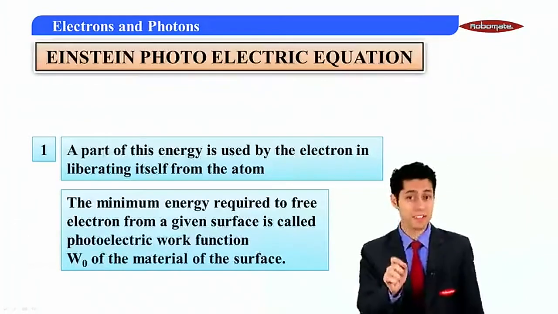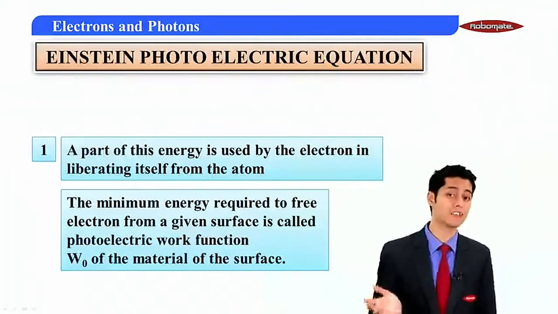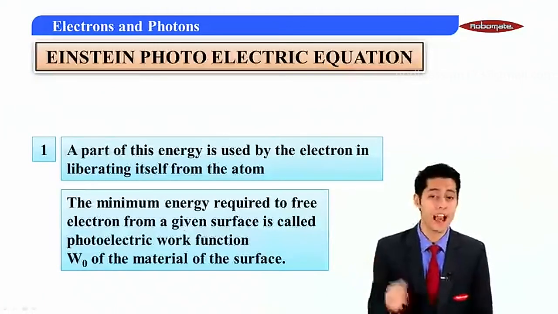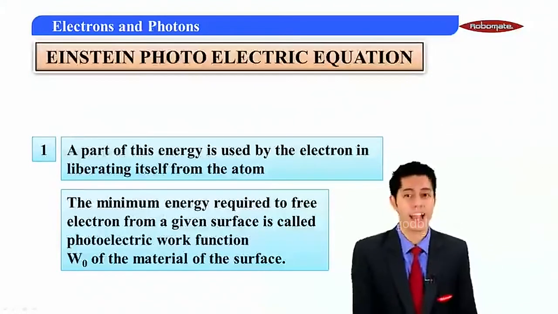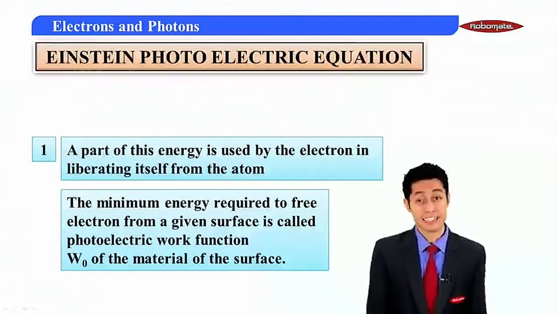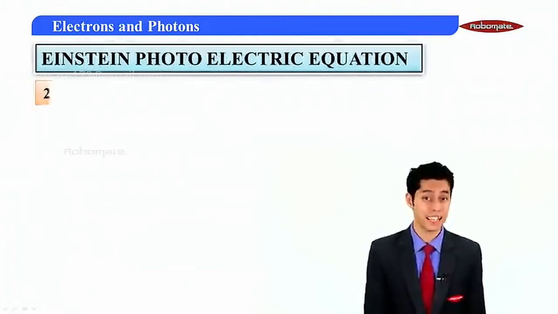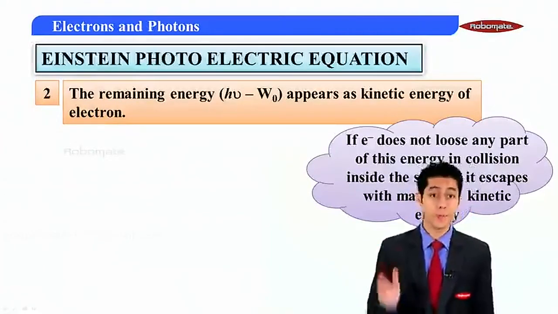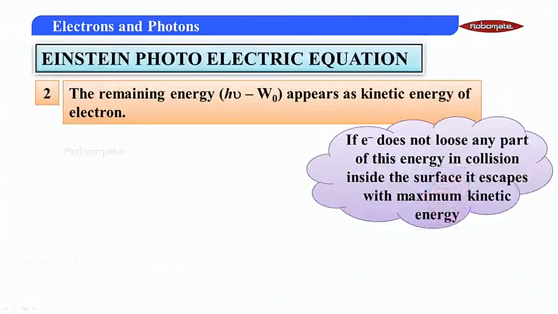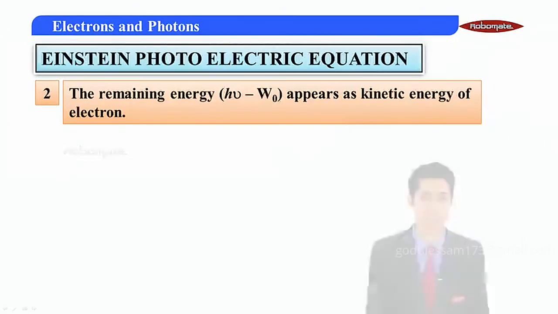The minimum energy required to liberate the electron out of the surface is called the photoelectric work function, which we have already studied. The second way is that the energy of light is used in the form of kinetic energy. Whatever energy remains in the electron is used as kinetic energy, and the electron escapes with the maximum kinetic energy.